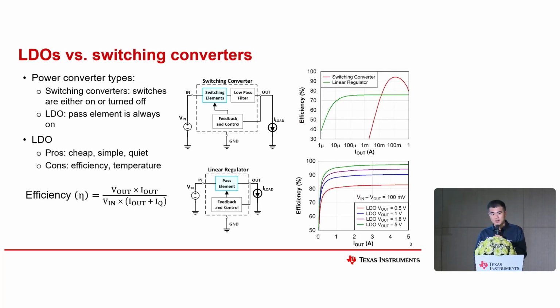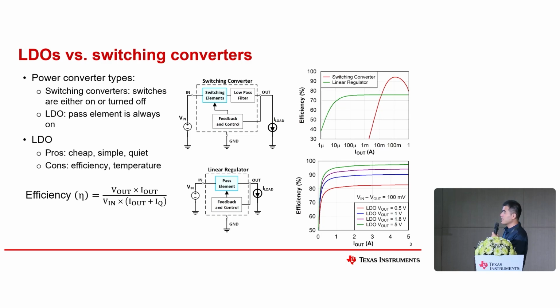So we will talk about the multiple input single output LDO. At the top level, there are two types of power supply: the linear regulator and the switching converter. The switching converter includes the switching elements and the low pass filter.